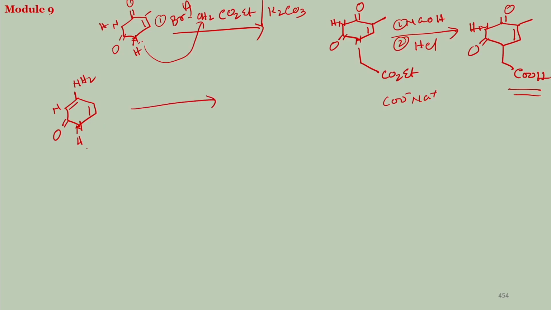then if you just treat this with this reagent, then the nucleophilic reaction will happen here. At the same time, even a better nucleophilic reaction would happen through the amine, this side residue amine, and that you do not want. So, you have to first block this, protect this.